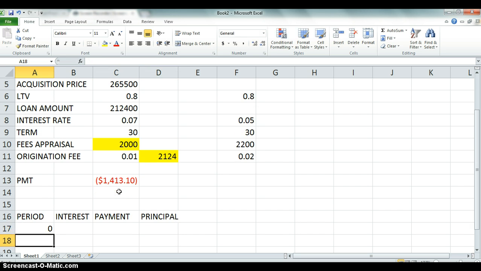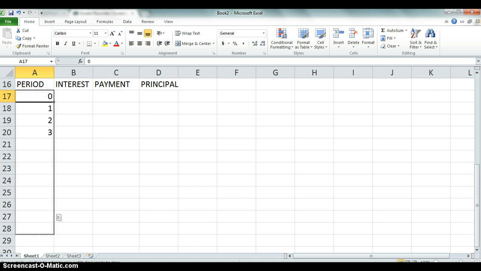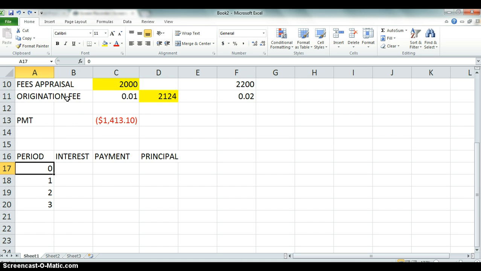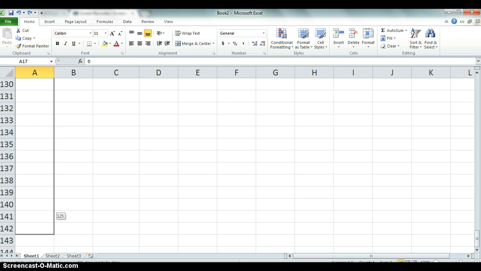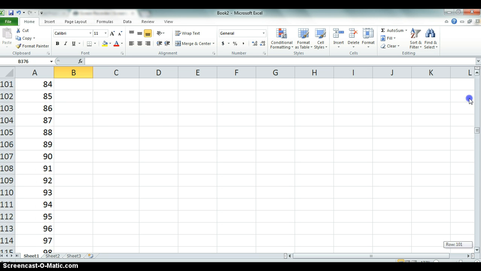For the period, we're actually going to do 360 periods, just because our loan is a 30-year loan, and this will be easier to see what is going to happen once the loan is pretty much paid off, and the difference that that's going to make if we do decide to take out a new loan or not.